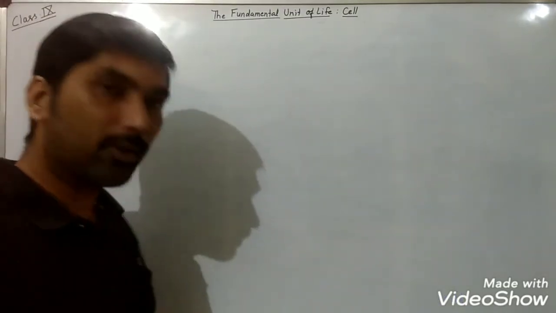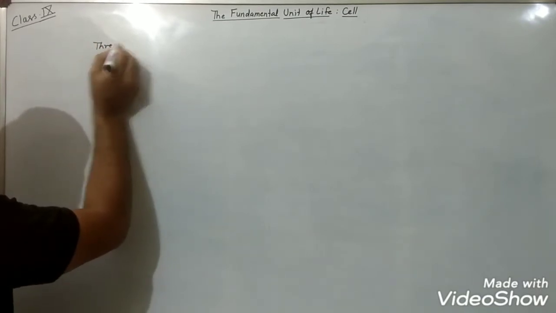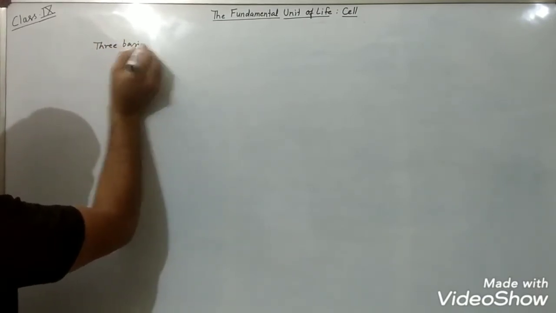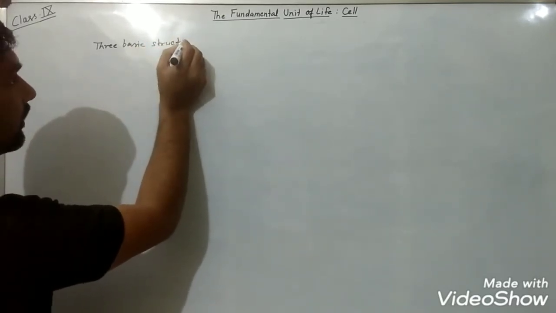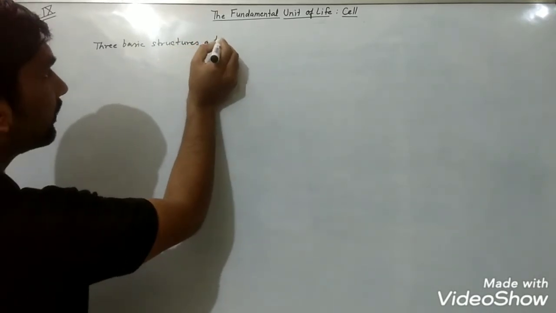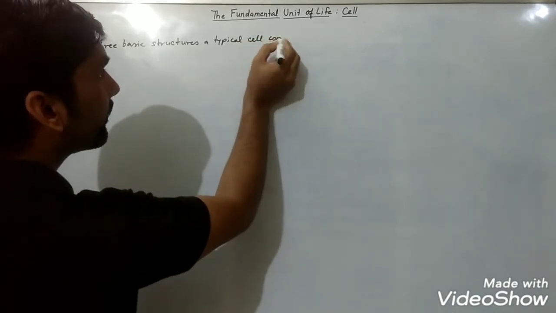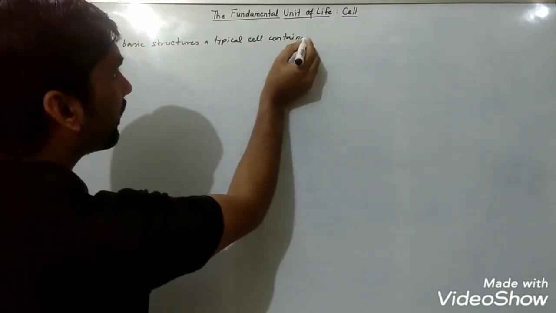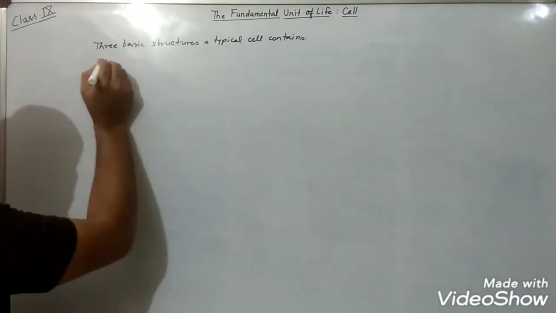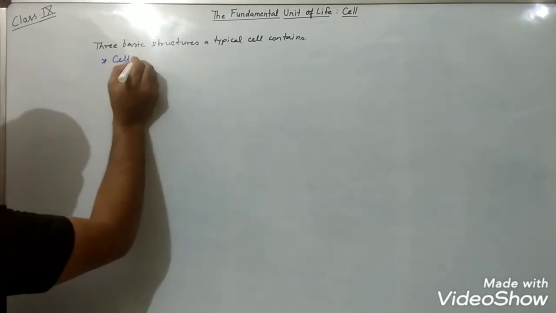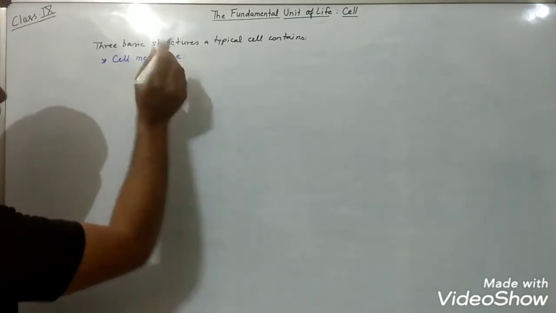So now we will see what are the three basic structures that a typical cell contains. As you have knowledge from your previous class, the first one is known as cell membrane.